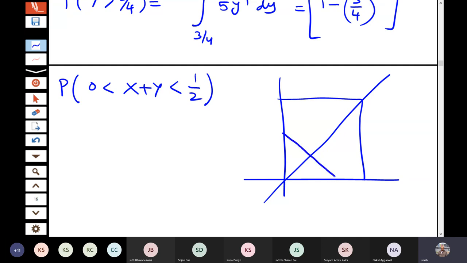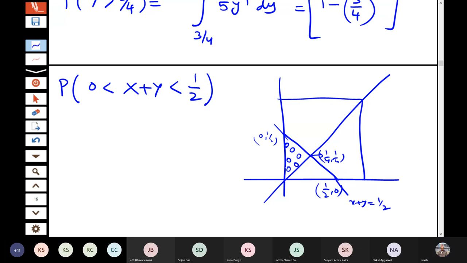This will be this region. This is x plus y is equal to half, say. So, this is half 0. This is 0 half. This will be 1 by 4, 1 by 4. The density is in this part, so I will have effectively only this region.